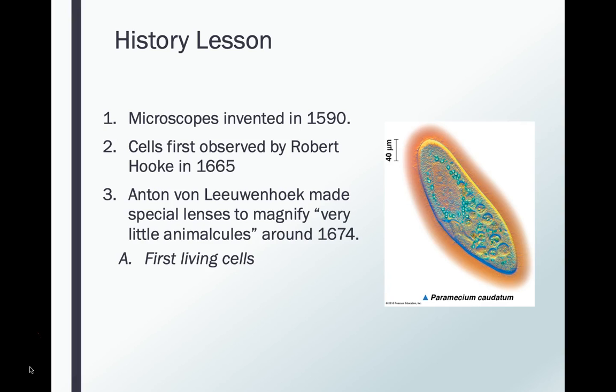And so he called them animalcules, these very little animals that were living. And in a way, he was right. He was looking at cells, which are indeed the smallest unit. So he really observed the first living cells and realized that they were living.